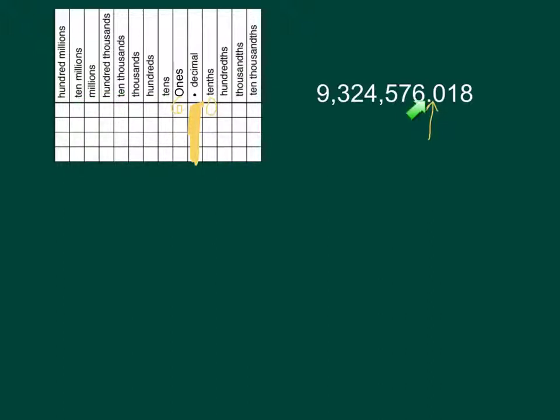Let's get back to our number. Here's our decimal. 1, 2, 3, 4, 5, 6, 7. So our 9 is in the millions place. If I could write a 9 in here, well, you understand what that's supposed to be.